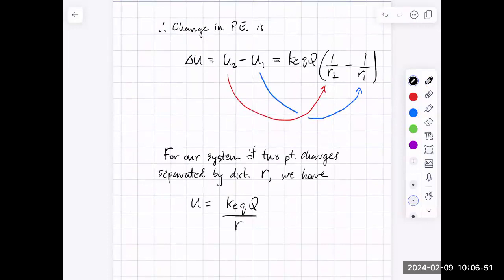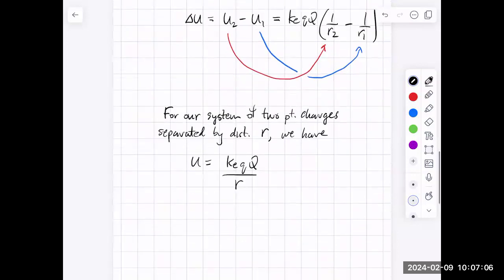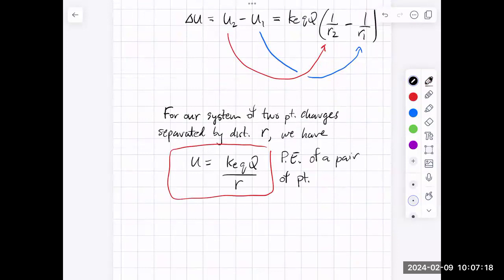And so if we're at position 1, we would have U1 is equal to some constants divided by R1. If we're at position 2, we would have U2, the potential energy at position 2, is some constants times 1 over R2. Okay, so this is the potential energy of a pair of point charges, little q and capital Q.